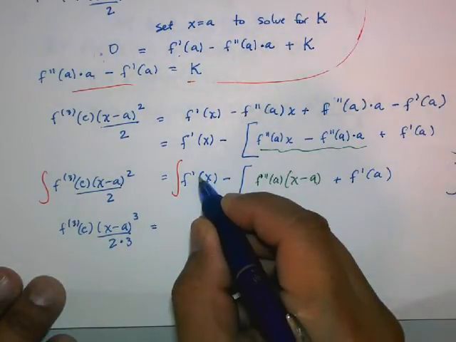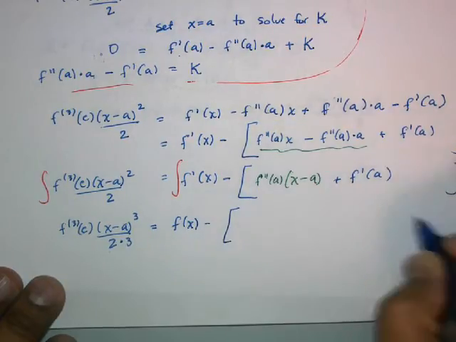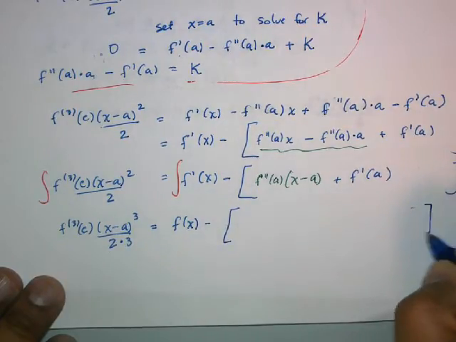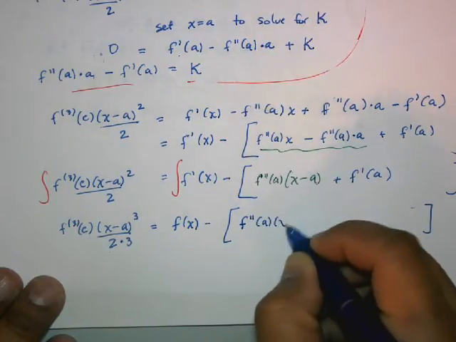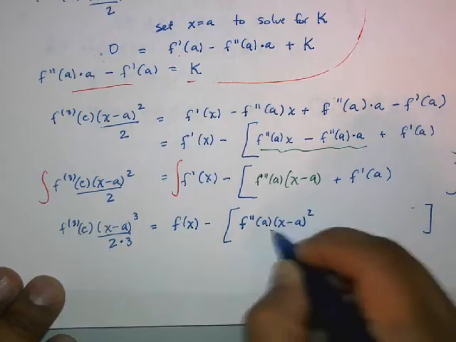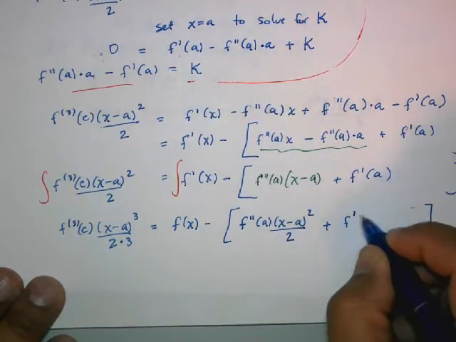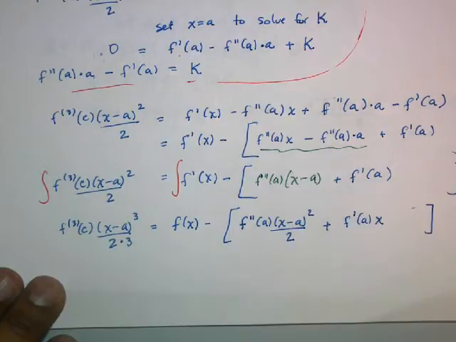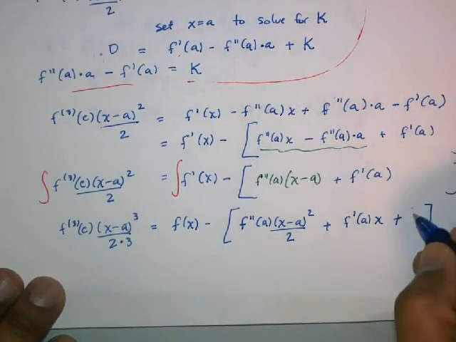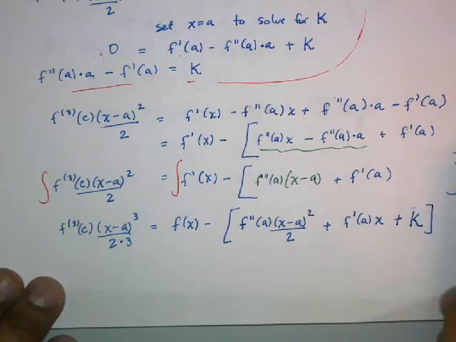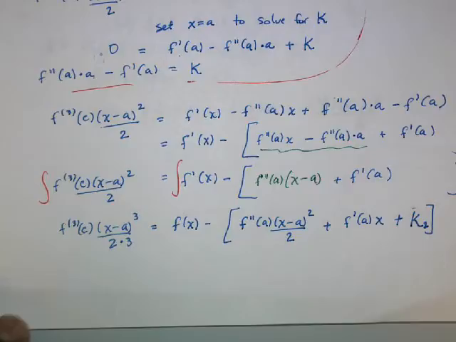So over here, I get the antiderivative of f prime, which is just f, minus some stuff in here, f double prime of a times x minus a squared all over 2. Okay, this should look very familiar. Plus f prime of a times x, okay, plus some constant. And I already used k before, so I'll use k2 now.